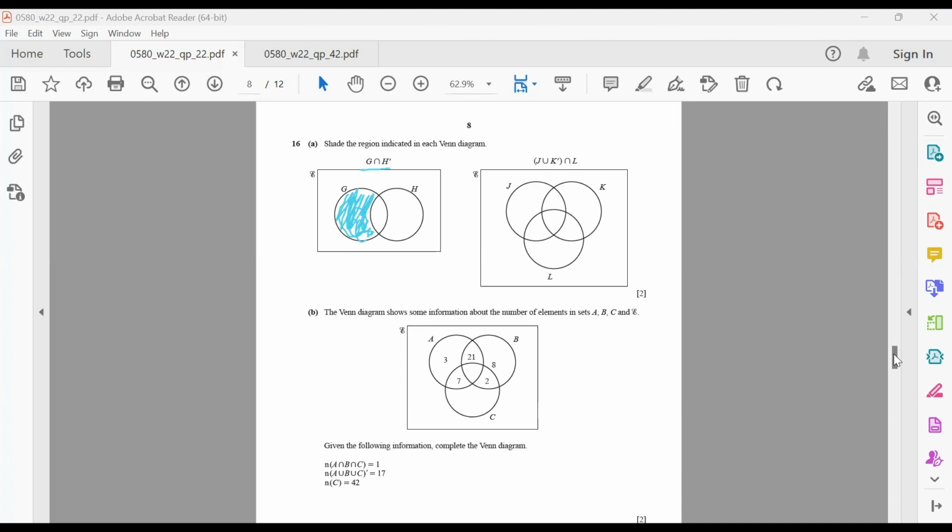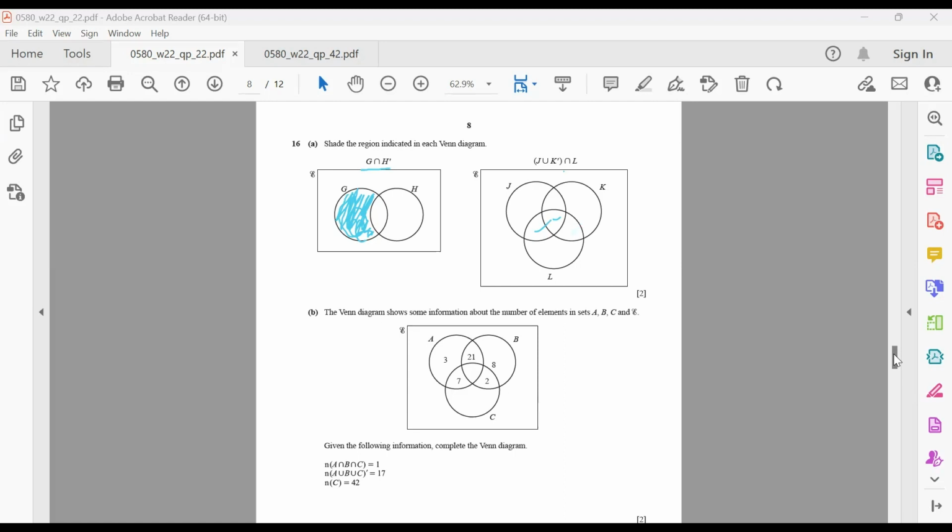Now let's look at the next one, which is J union K naught, intersect with L. So the intersect with L is basically here, here, and here.